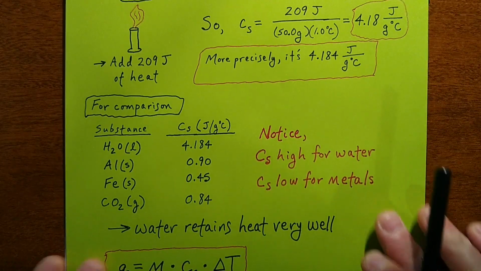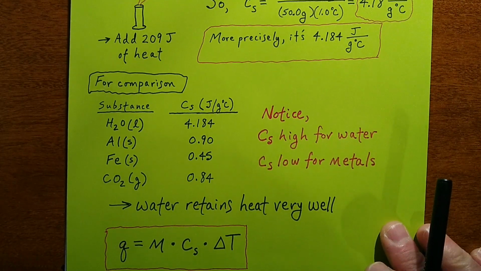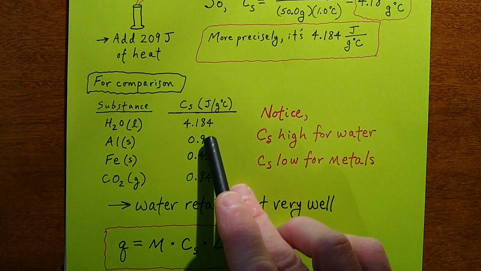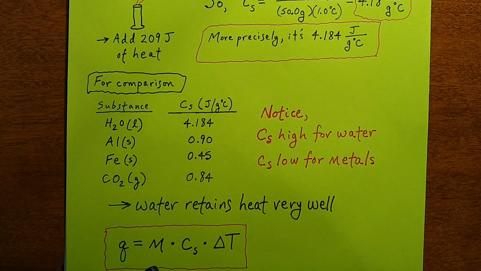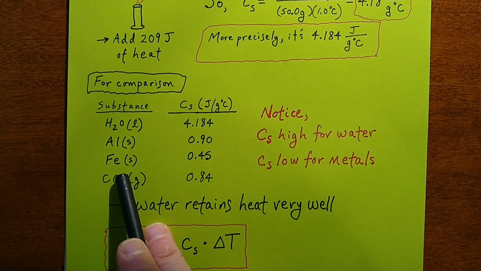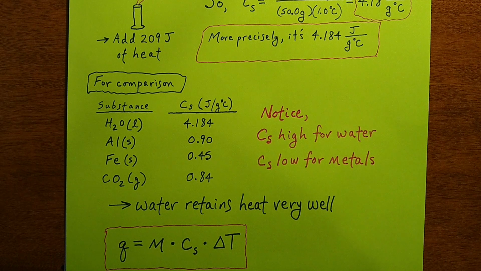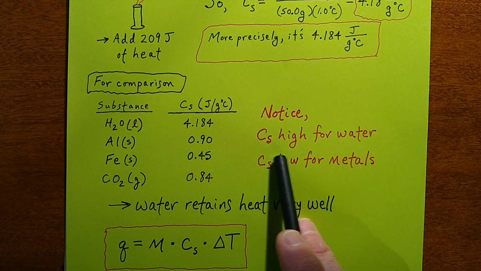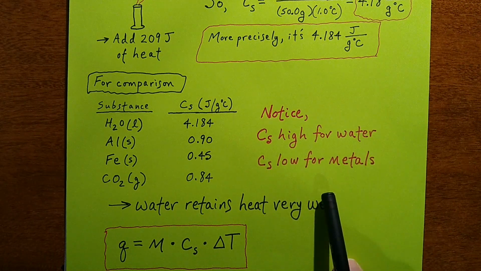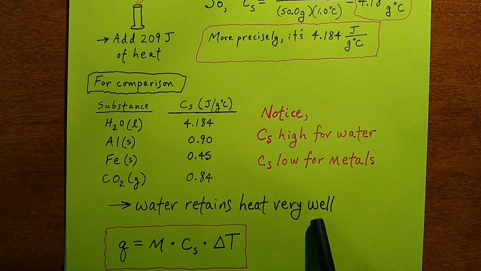What does that mean? It might be more meaningful if you looked at how that number compares to other substances. Water has a much larger specific heat than most substances. Aluminum and iron, which are metals, have very low specific heats. Carbon dioxide has a pretty low specific heat as well. So that's unique about water. It has a very high specific heat. That means water retains heat very well, and it loses heat very well.